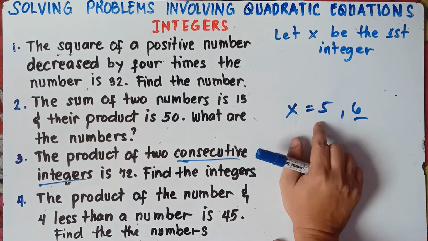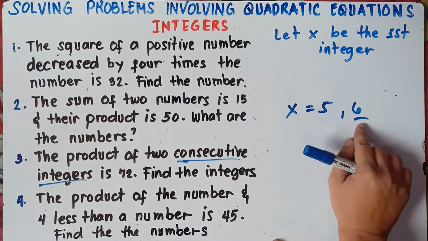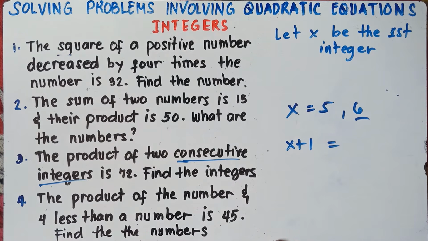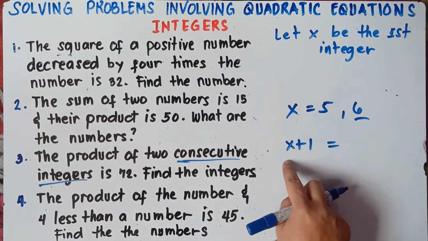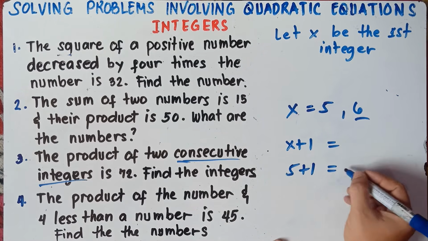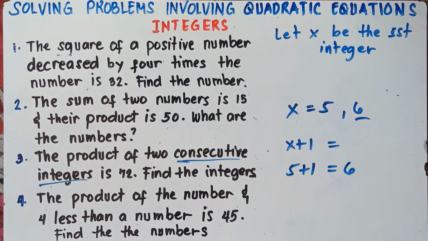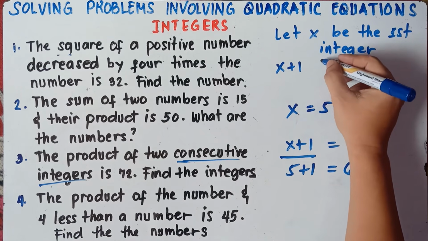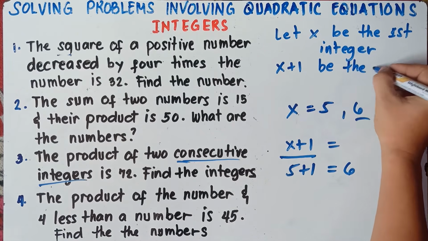If x is 5, to get 6, that would be x plus 1, because if x is 5, simply substitute the value of x: 5 plus 1 is equal to 6. So the next number will be x plus 1, the second integer.